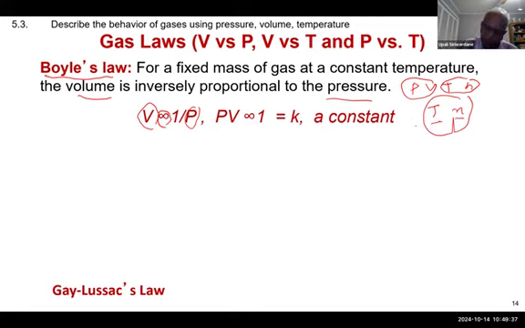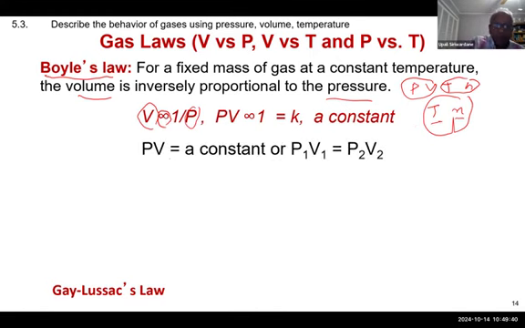That means PV is equal to a constant, PV is equal to K. To remove the constant, you need P1, V1, and P2, V2.